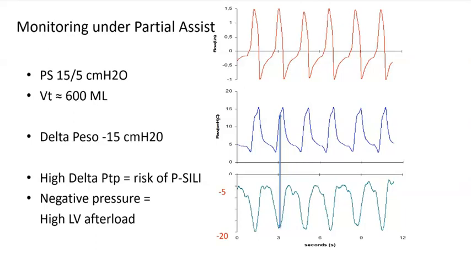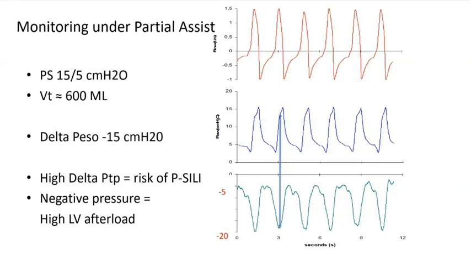But the total distending pressure of the lung is the sum of the positive pressure delivered by the ventilator plus the negative swings generated by the patient's respiratory muscle. So if we were plotting the transpulmonary pressure here, we would see changes of 15 minus minus 15, which means 15 plus 15, so a total of 30 centimeters of water.